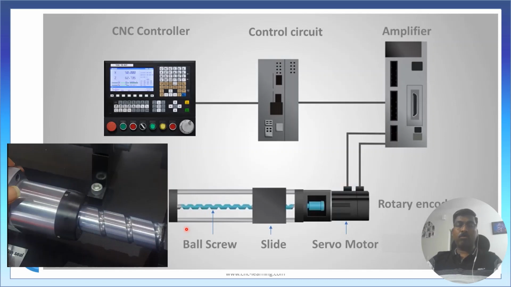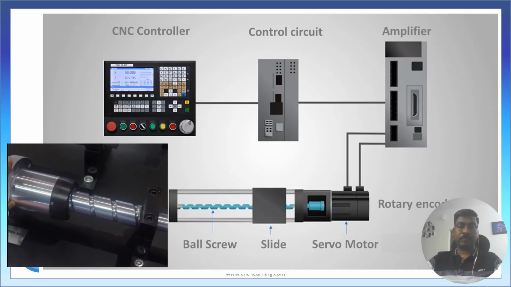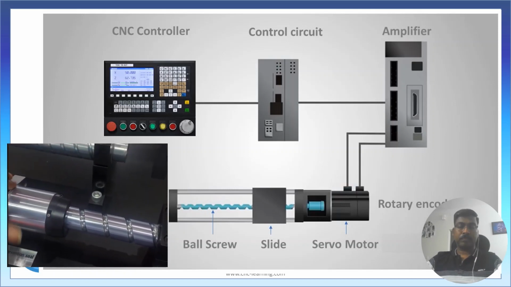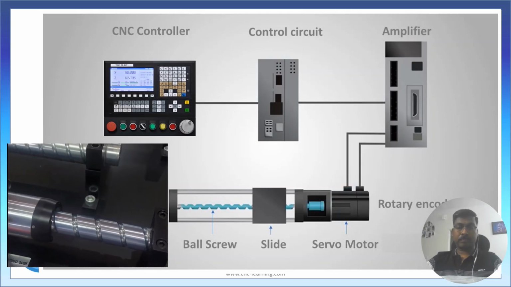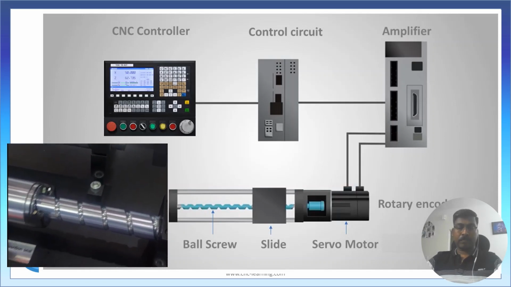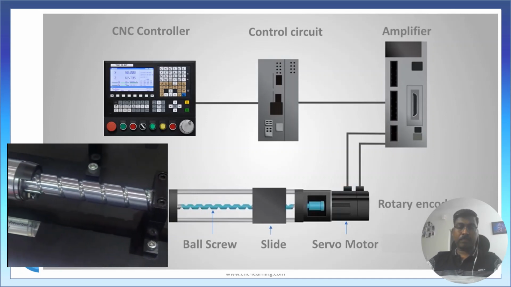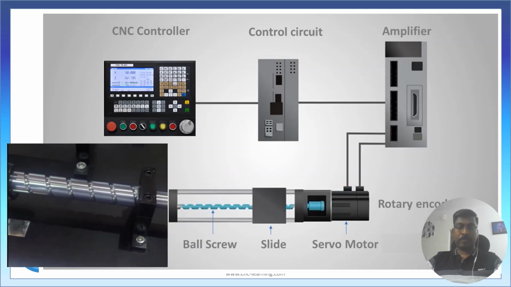We'll see how this motion happens. If this nut is moved, it will also have a linear displacement. So you can see when the screw is rotated, the nut is also getting moved.